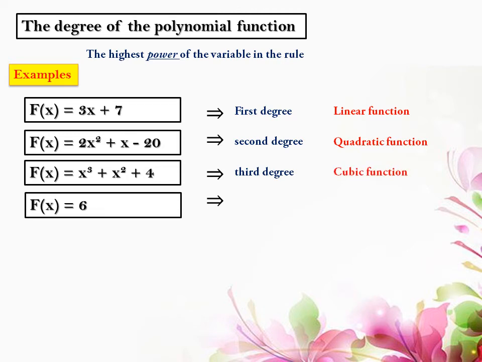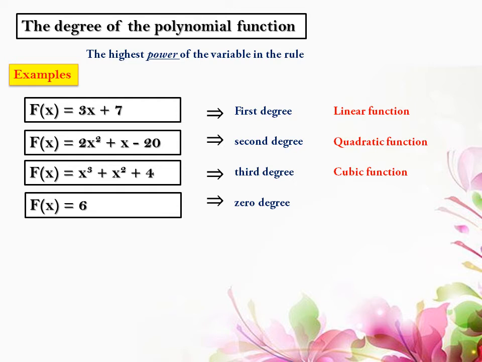The last one, f of x equals 6 without any variable. So we can consider 6x power 0, and x power 0 equals 1. So we can write it: f of x equals 6 of 0 degree.